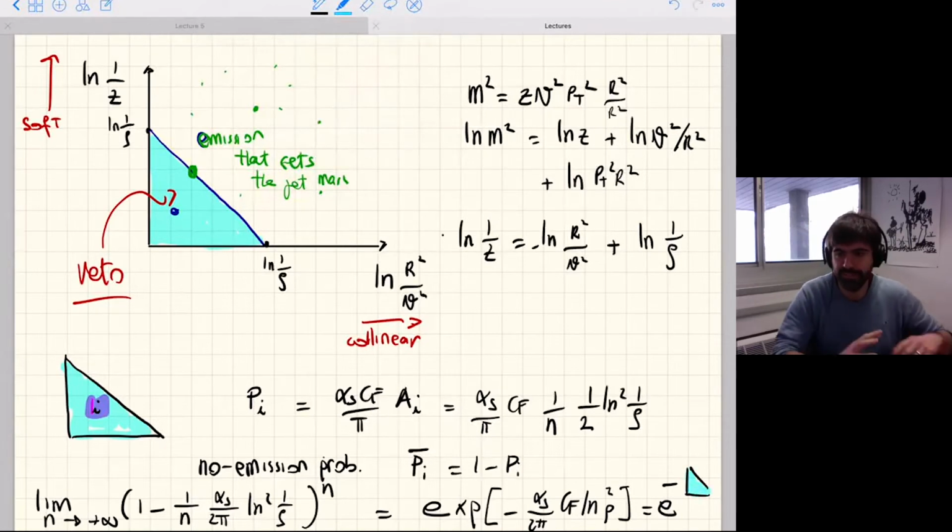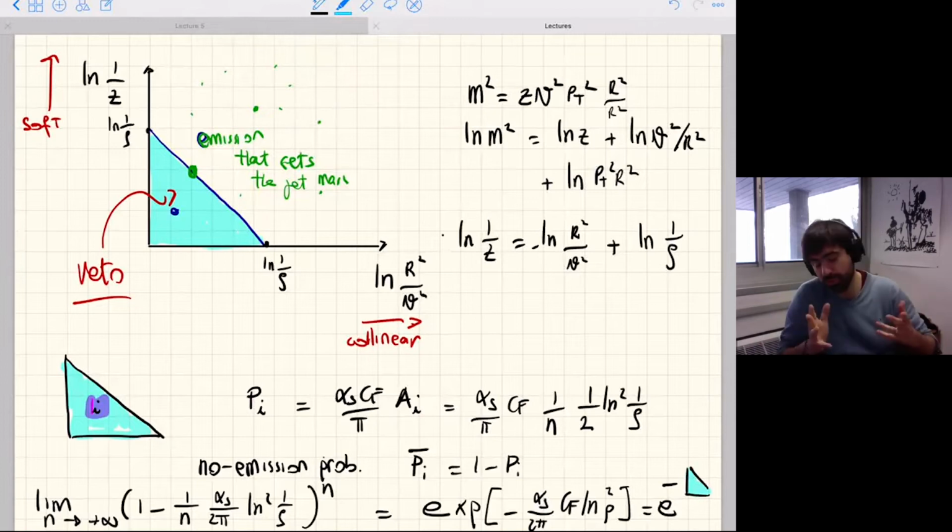So this is a very simple, almost hand-wavy, fixed order leading logarithmic derivation of something which we already encountered, the Sudakov factor. That's why very often you read in lecture notes and textbooks that the Sudakov factor represents the no emission probability. This is a very simple way of deriving it, and I think it is very physically motivated.